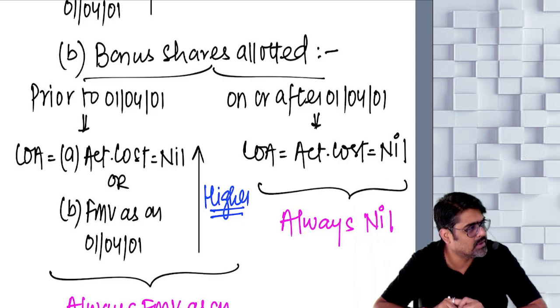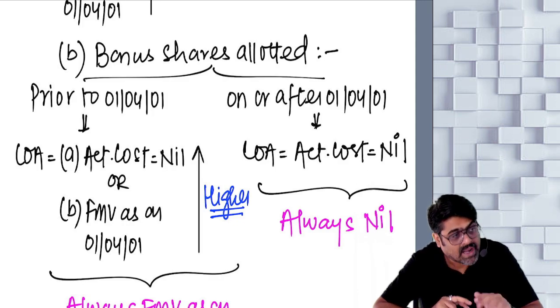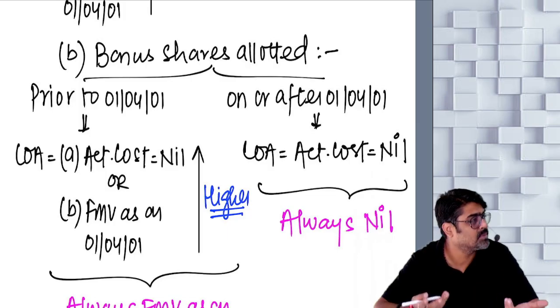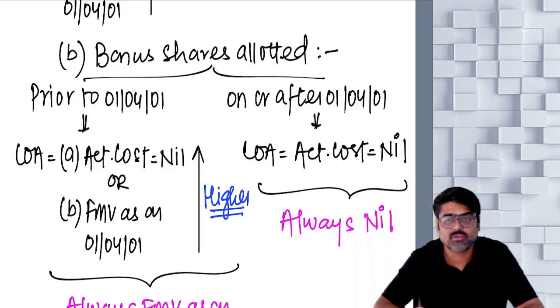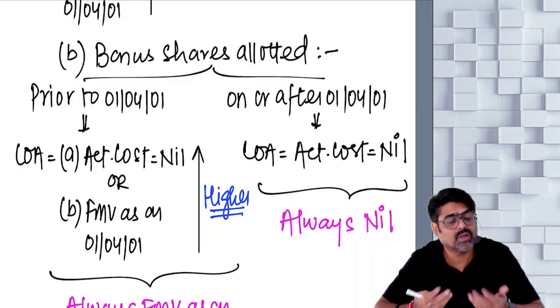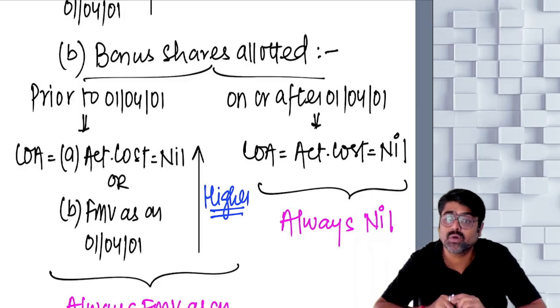Now what if the bonus shares are allotted to you prior to 1st April 2001? Can you take the option of fair market value? The answer is yes. That option is available for all assets, so it will be available for bonus shares also. For bonus shares which are acquired prior to 1st April 2001, what will be the cost of acquisition?